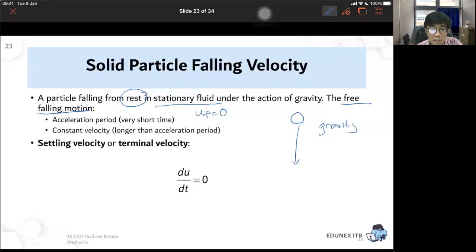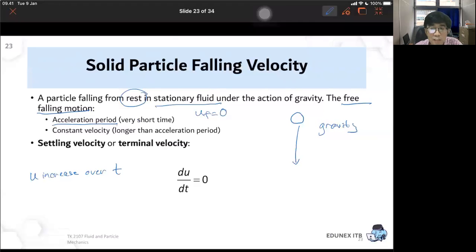Basically, when the particles experience falling, there will be some acceleration period. It means U will increase over time. So the velocity is not constant during the acceleration period, and it will be increasing over time.